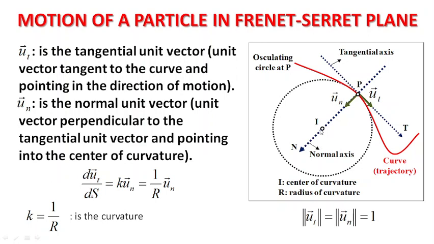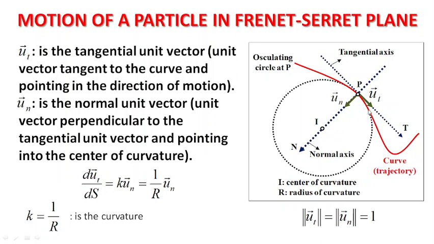This circle has a center I, which is called the center of curvature, and R, the radius of curvature. The tangential axis is drawn tangent to the trajectory and pointing in the direction of motion. The normal axis is perpendicular to the tangential axis and pointed towards the center of curvature I.